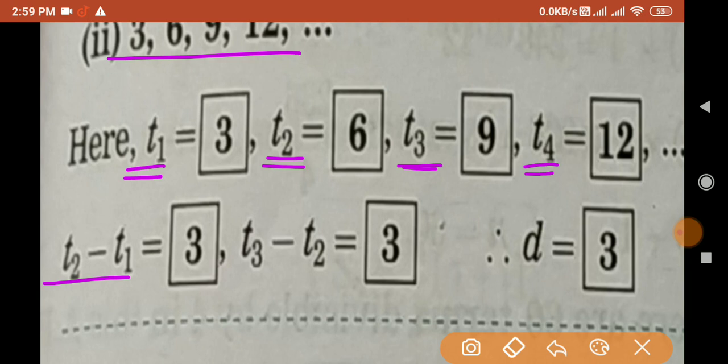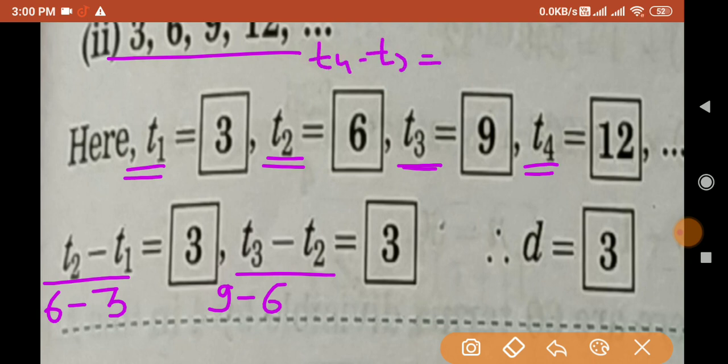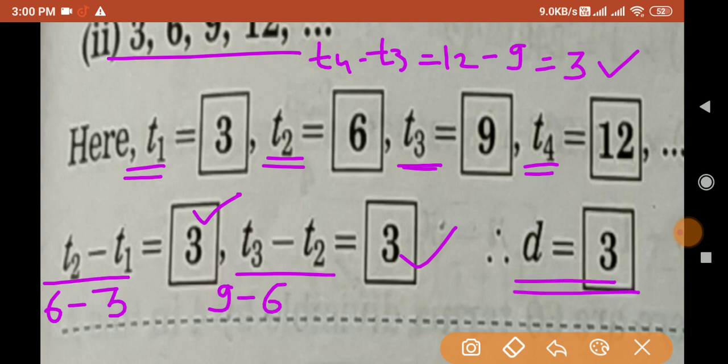T2 minus T1, 6 minus 3, is equal to 3. T3 minus T2, that means 9 minus 6, is again 3. And T4 minus T3 is 12 minus 9, again 3. That means the value of D is constant. Therefore D is equal to 3.